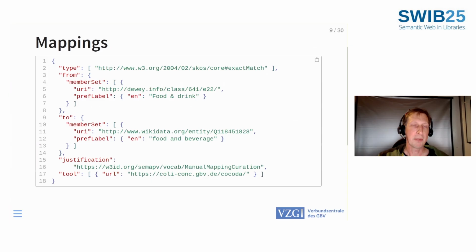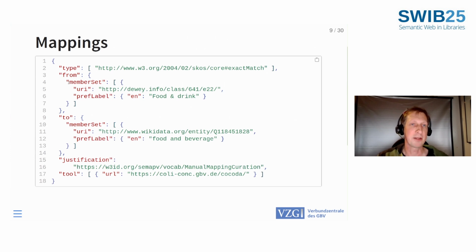But we wanted to go beyond plain SKOS and also encode mappings. So there's another object type for mappings. There's another type URI, and here the type URI is a property from the SKOS mapping properties. And the actual members of the mapping are in this nested structure.